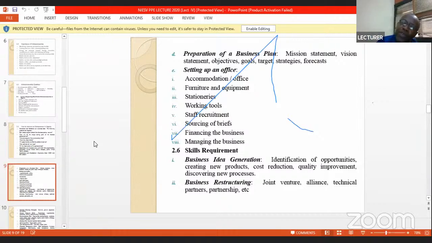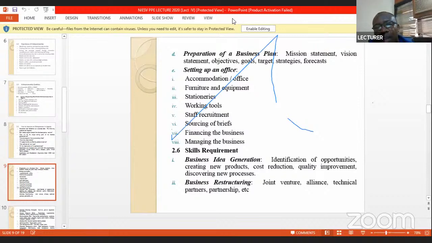Apart from that, you should visit the ministries, MDAs, ministries, departments, and agencies from time to time, seeking for one job or the other. You can write proposals, and when you write these proposals, you send them out and use them to solicit for briefs.